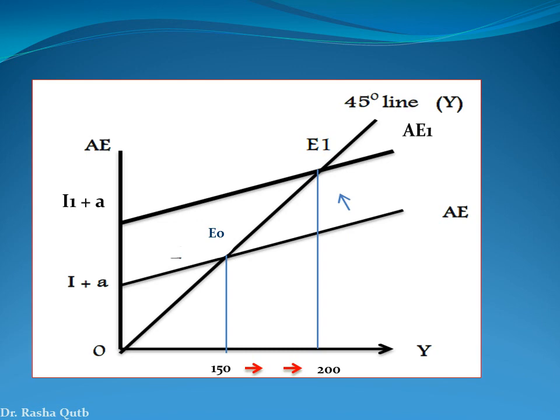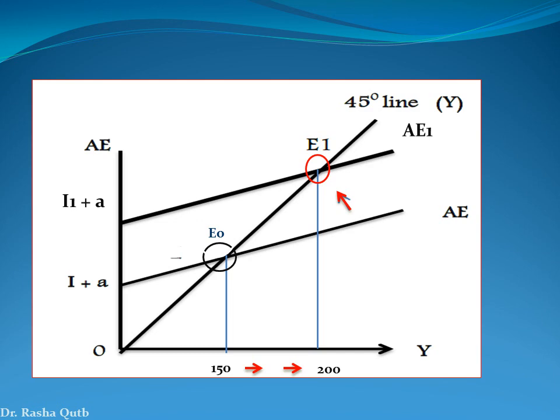Our starting point is at E0, where the 45-degree line intersects with the aggregate expenditure line. Now investment increases. This will cause the aggregate expenditure line to shift upward to AE1 and the new equilibrium will be at E1.